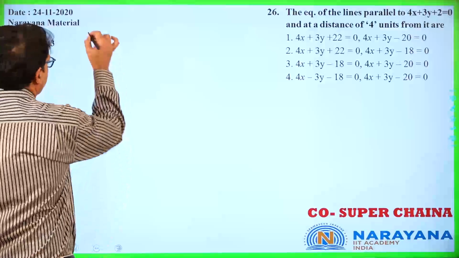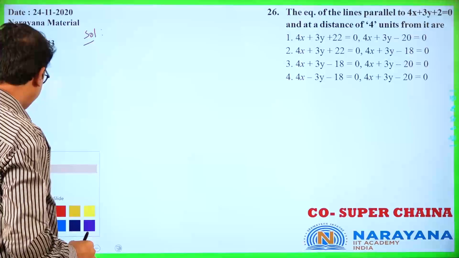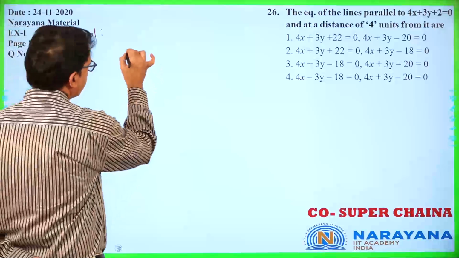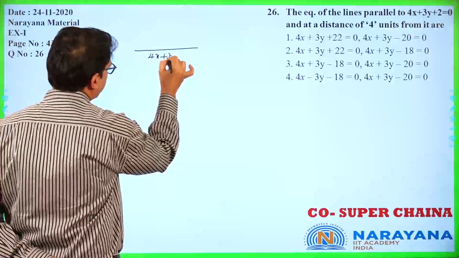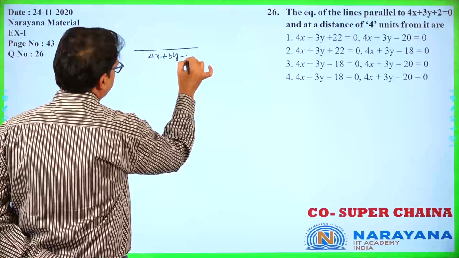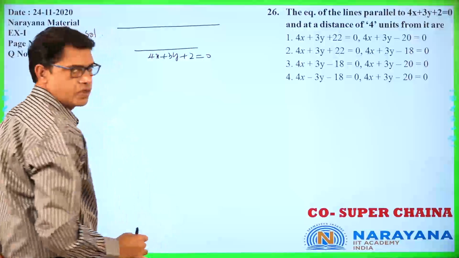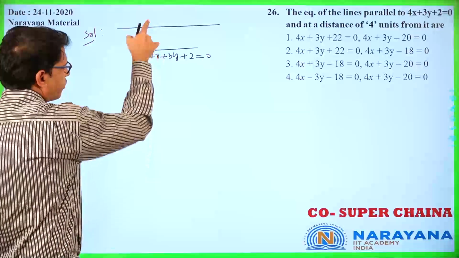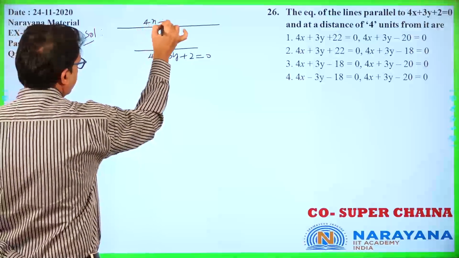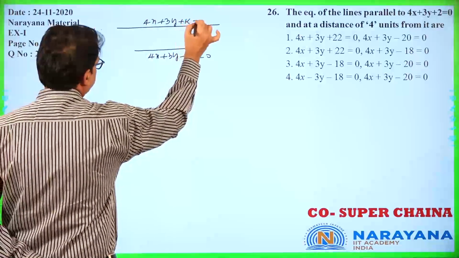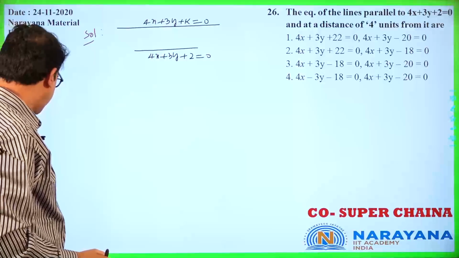See, one line is given: 4x plus 3y plus 2 equal to 0. We need to find the parallel line, so the equation of a parallel line is 4x plus 3y plus k equal to 0. Then the distance is what?